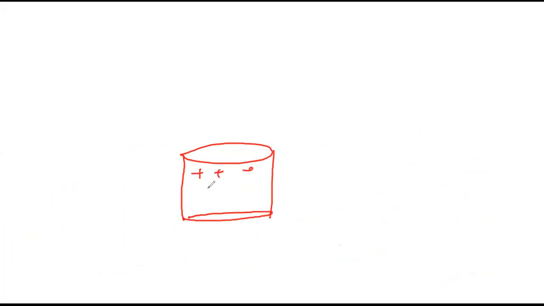So just draw one diagram. You can take a cylinder also, anything you can take. So imagine this is a cylinder. Inside this we are having charge. Therefore rho equals small charge in small volume.